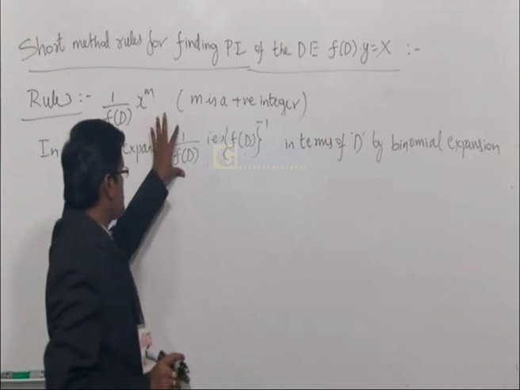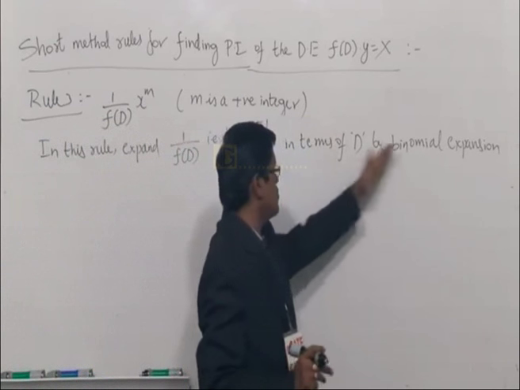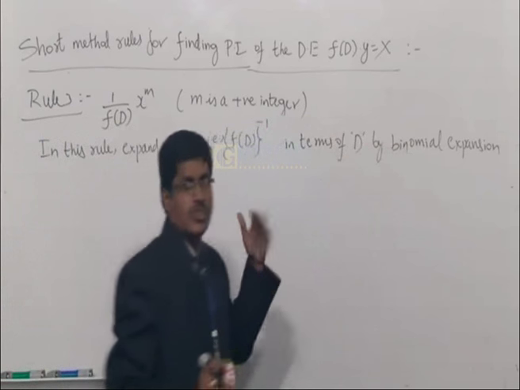In this rule, you expand 1 over f of d like this. In terms of d, you will expand after using binomial expansion, getting in terms of d square like that.